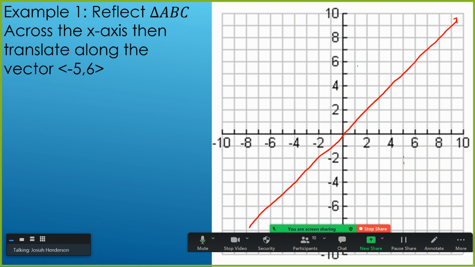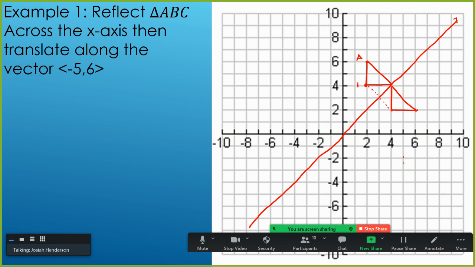And if I started with a triangle here, and I fold over this diagonal line, then let's track some of these points and see what happens.